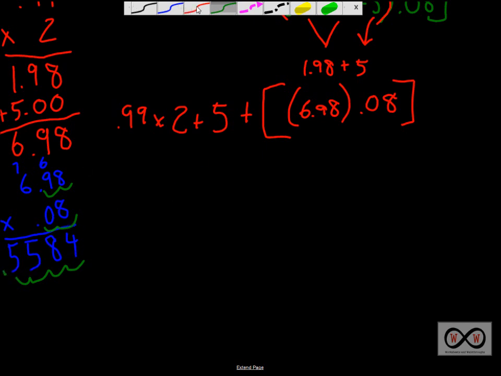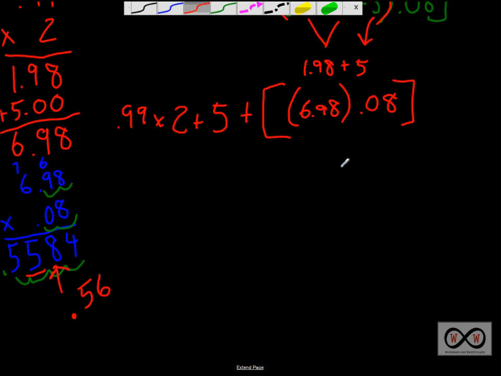Now, we have to do a little bit of rounding because in our monetary system, our change, if you will, only goes to the hundredths place. So we look to the thousandths place, and the 8 tells us since it's 5 or greater, we have to round up, and rounding up bumps this one up by 1, so that'll give us 56 cents.